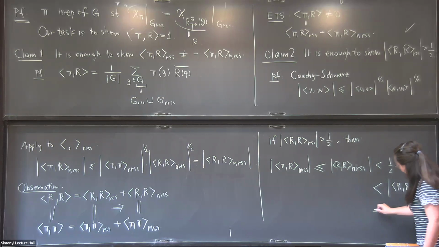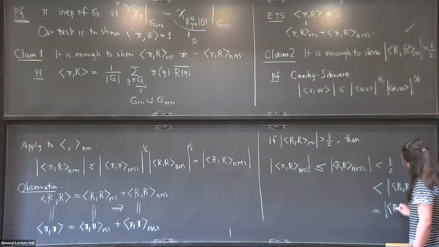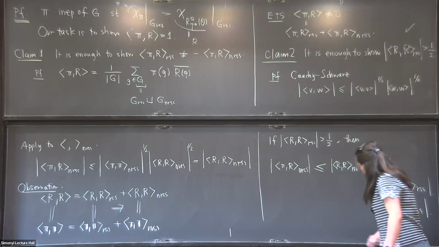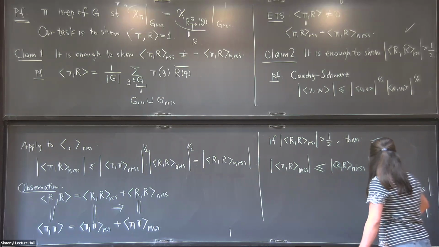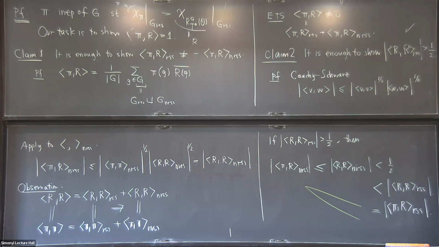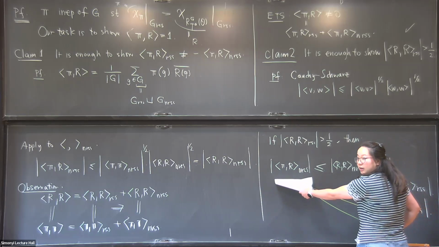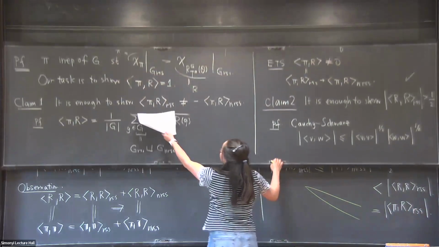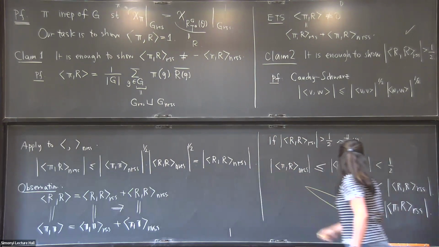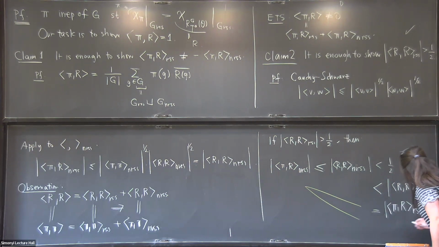And this thing, again, by assumption, is equal to pi r RSS. So in total, the conclusion of this is that this thing here is strictly less than the absolute value of this thing. But if this thing has some norm that's different than this thing, then surely it is the case that this thing is not the same as this thing. So that's the end of this claim.